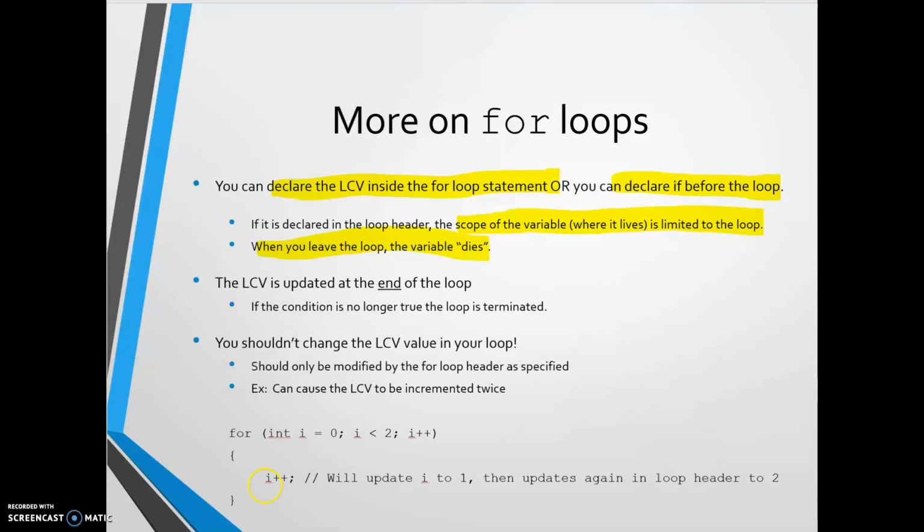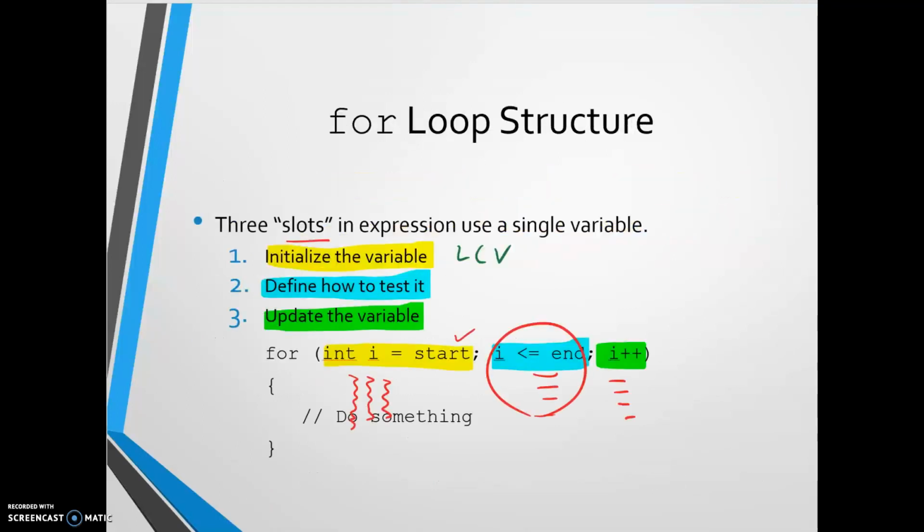For many times, it doesn't matter if the loop variable still exists when you're done. But if you care about what its value is when you're done, then you don't want to declare it in the loop header. In this example, since I declared the variable i in the loop header, if I were outside of my loop and tried to print out the value of i, I would get an error because it would have no idea what i is, since i was declared in the scope of the for loop.